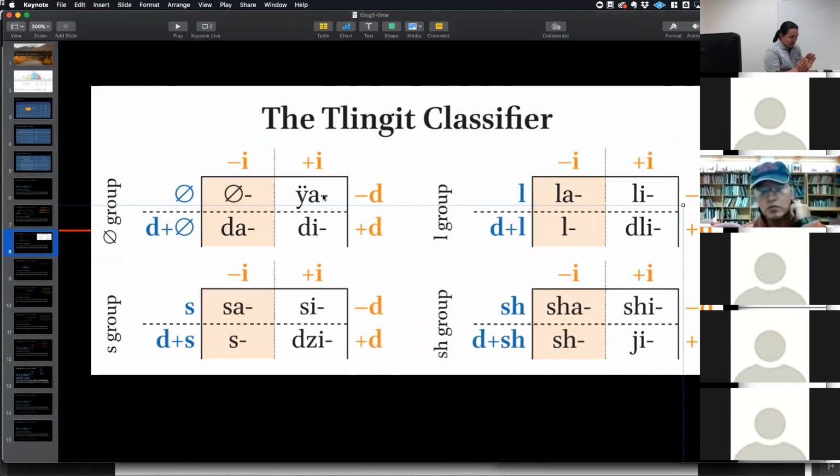But what happens if you ever put whoosh or wooch right in front of a verb, or if you put that sh, shya, to the self, shtu, to the self, that's going to push that classifier to go plus D. A good way to start thinking about the plus D part is if you're doing it to yourself, or if it's happening to you and you're doing it, that's what pushes it plus D. I see myself. I'm teaching it to myself. We're doing this thing to each other. That's what's going to push it plus D.